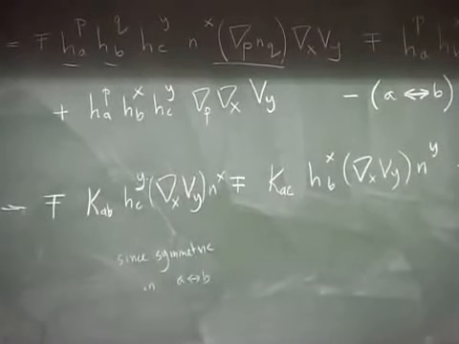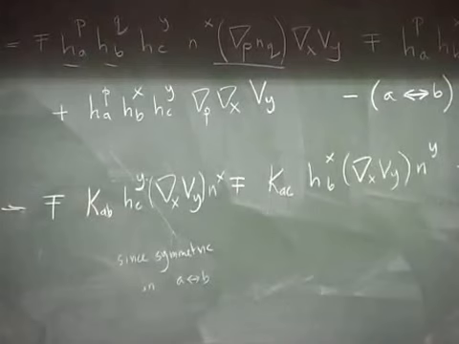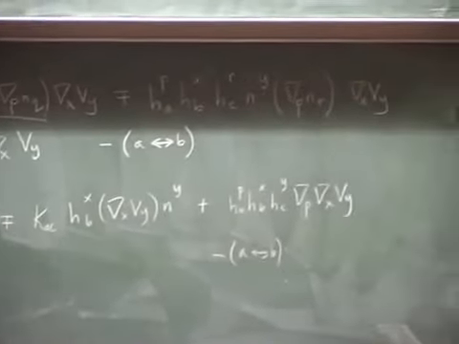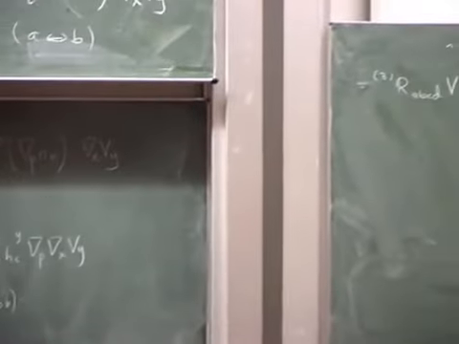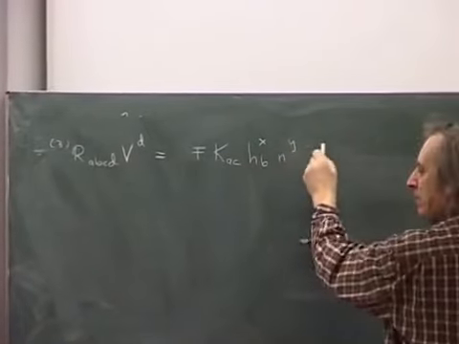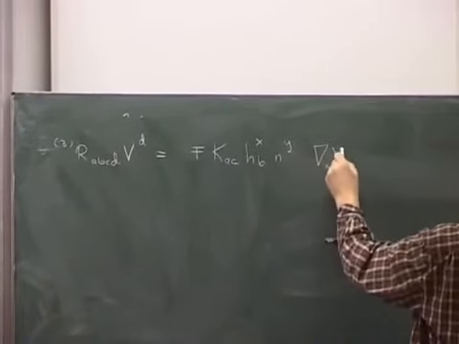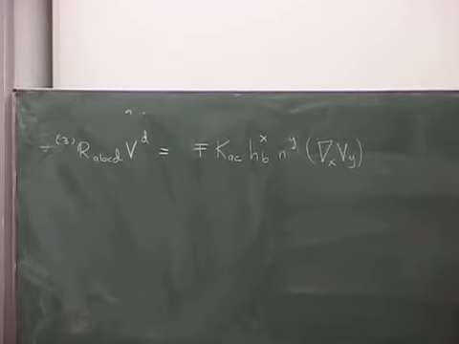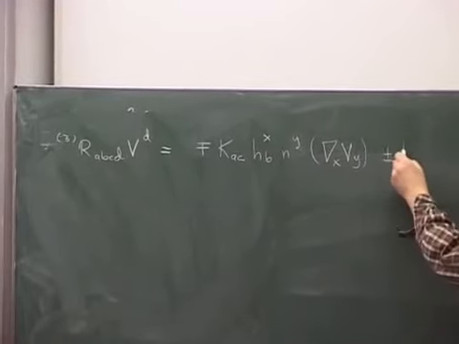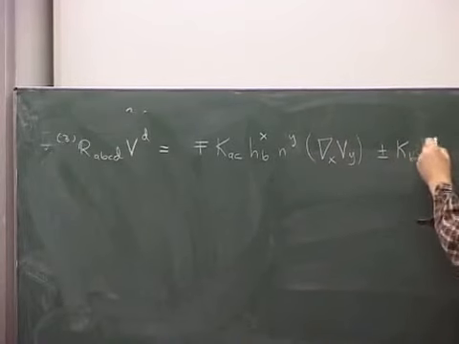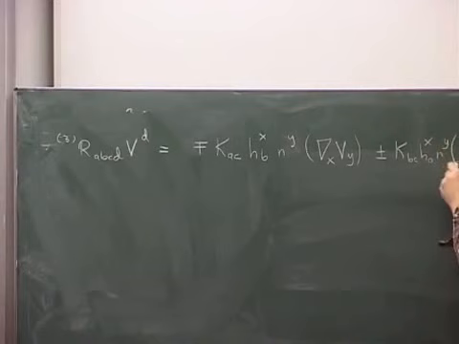So I'm going to be left with the following collection of stuff. Minus or plus KAC HBX NY del X of Vy. And then I subtract off the same thing with A and B swapped round, so that's plus or minus KBC HAX NY del X of Vy.